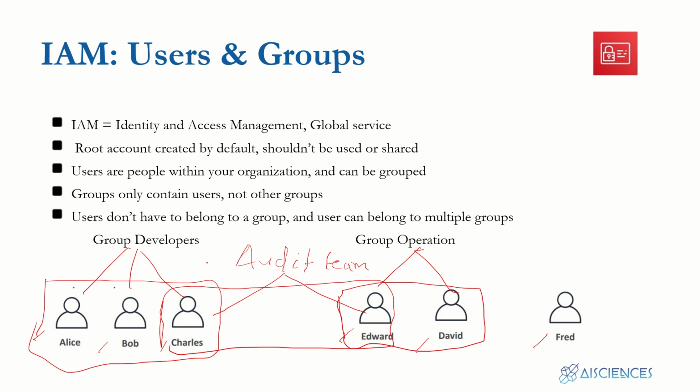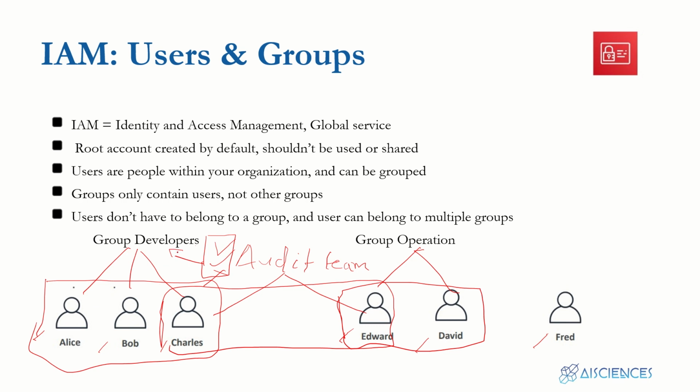Now let's say a permission, which we also call a policy, is given to this group. Let's say I have given the group developers the permission of admin access, right? If I give permission to this group, it means that permission is inherited by all three users that belong to this group.